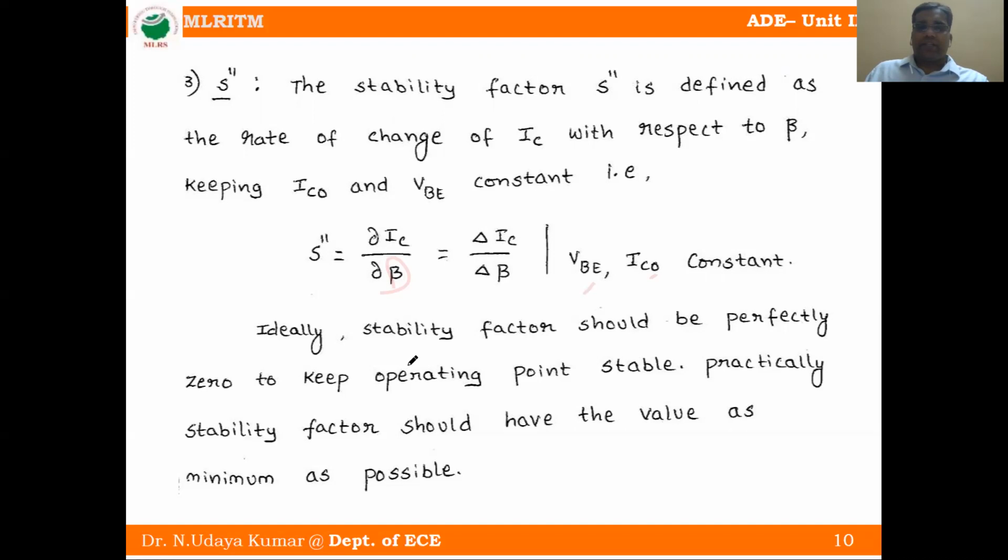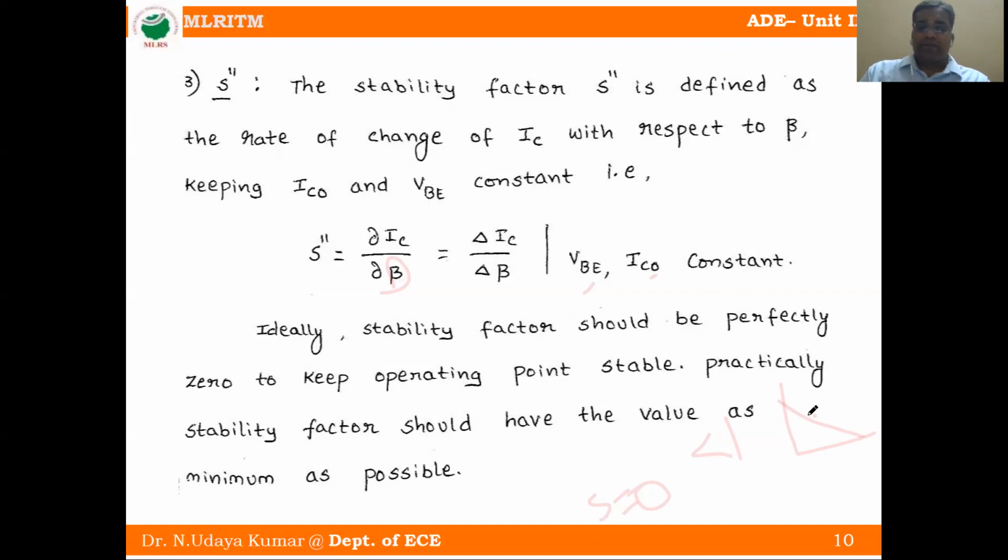Generally the stability factor should be perfectly zero to keep the operating point stable. Practically, the stability factor should have a value as small as possible, less than 1. Zero means perfect stability: the operating point is at the middle of the DC load line, which amplifies the entire signal.